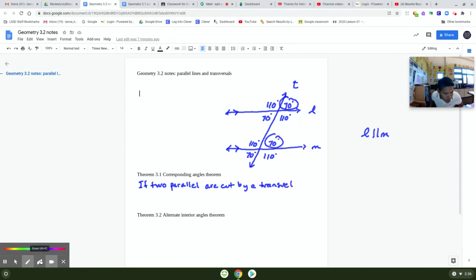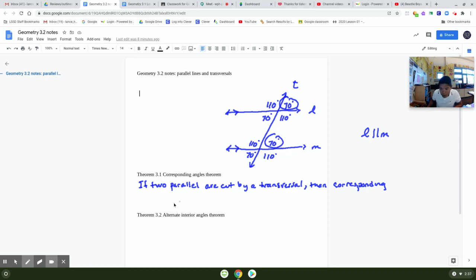I think I spelled transversal incorrectly, so I'll spell it correctly here. Transversal. Then, specifically, corresponding angles are congruent. So the angles that I circled are corresponding angles.